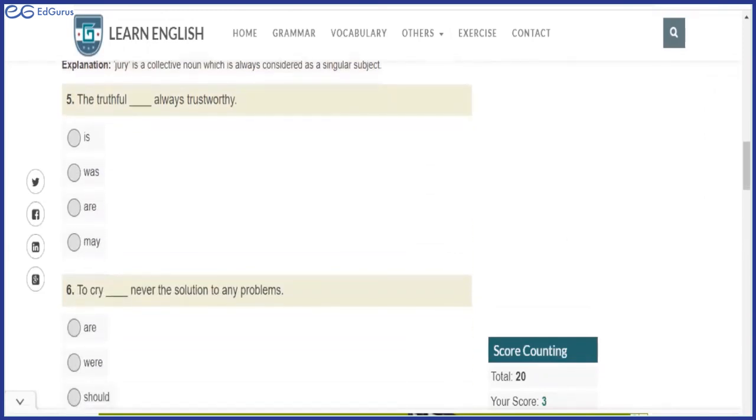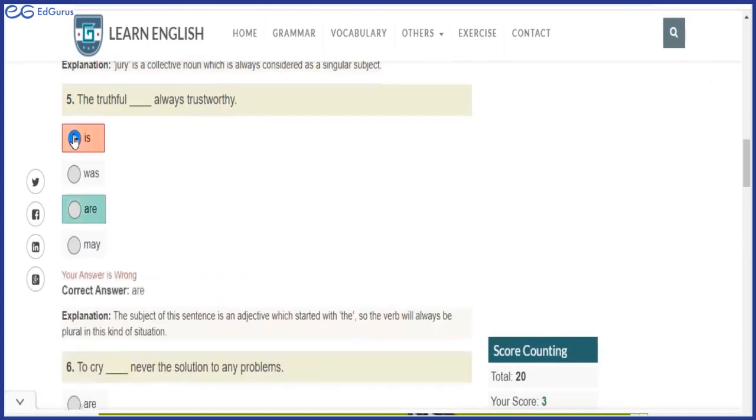Okay, the next, the truthful dash always trustworthy. Is always, the truthful is always trustworthy. It is incorrect. Why? Because it is not a truthful. If it was a truthful, then it would have been singular subject.